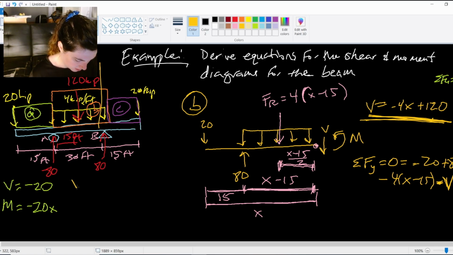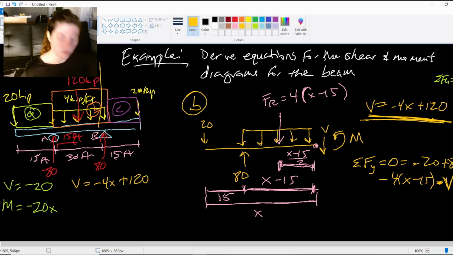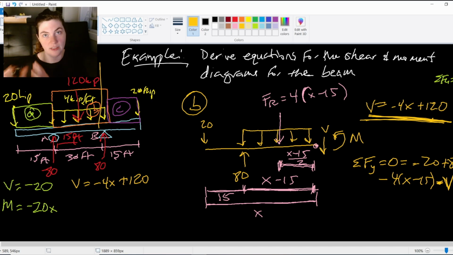Put that over here: V equals negative 4x plus 120 for that middle load region from 15 to 45. That's what our shear is represented by, this equation. It's constantly changing. The shear force is changing as it's moving along because that distributed load is causing the shear to change at every single different point microscopically within the beam.